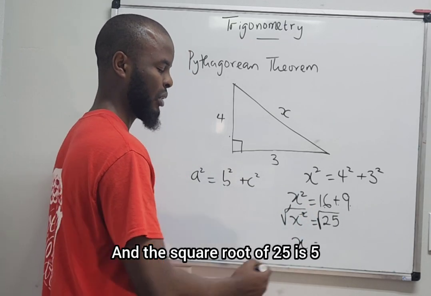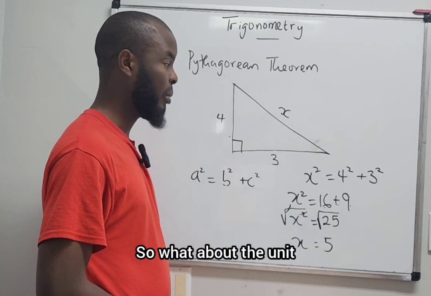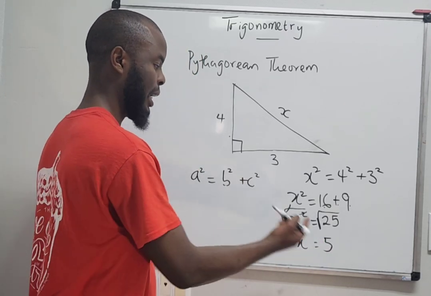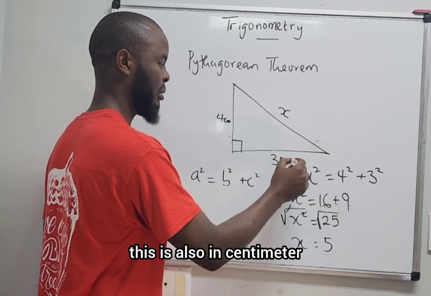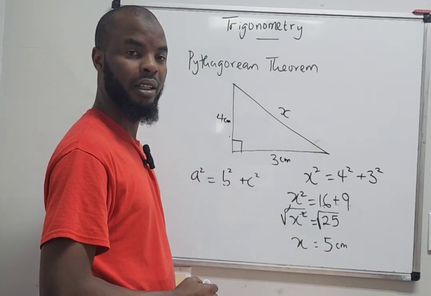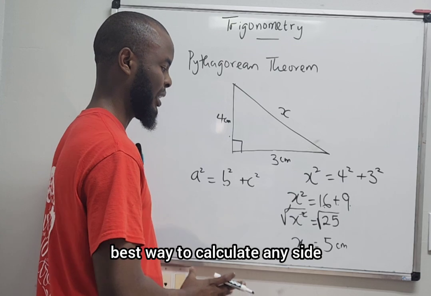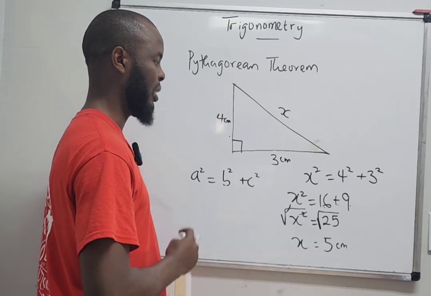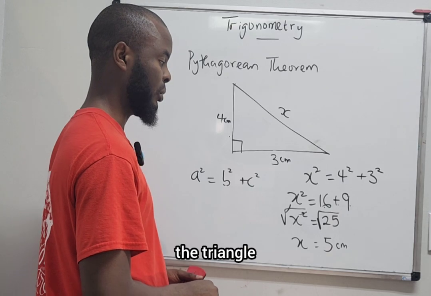And the square root of 25 is 5. So what about the unit? Here, we don't have any unit, but if this is in centimeter, this is also in centimeter, then the hypotenuse must also be in centimeter. So this is the best way to calculate the hypotenuse of the triangle.